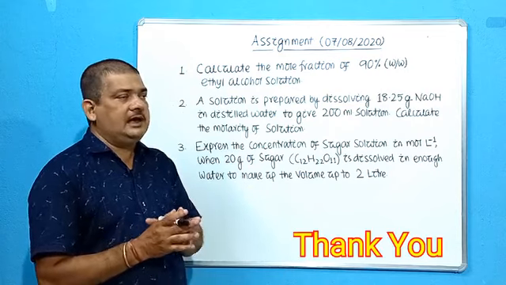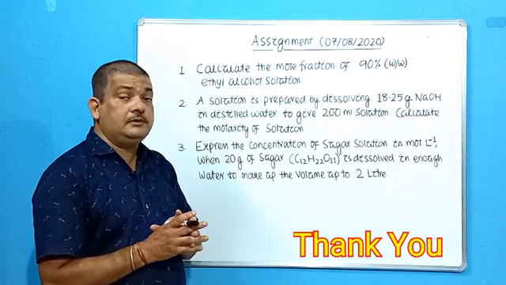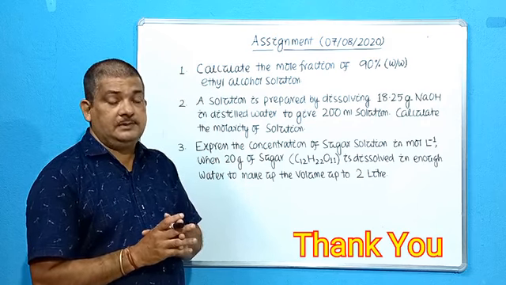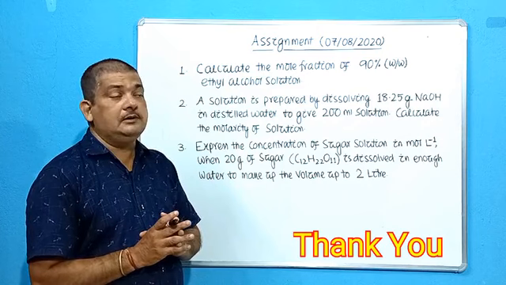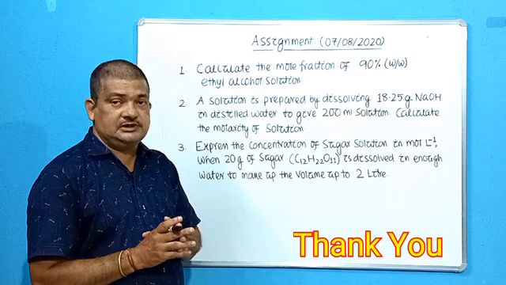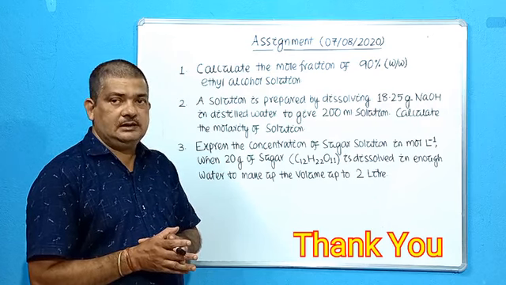But it will be better if you go through the formula I have given you: molarity is equal to W by M into 1000 by V, where W is the mass of the solute in grams, M is the molar mass of the solute, and V is the volume of solution in milliliter.